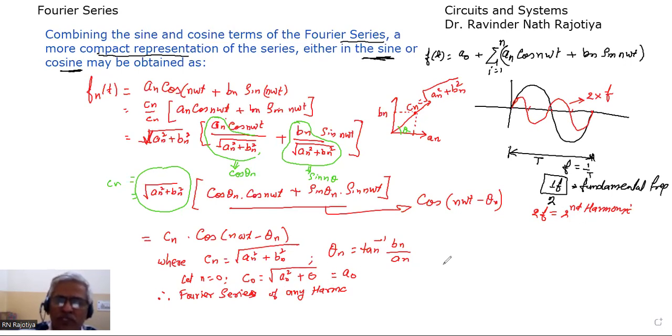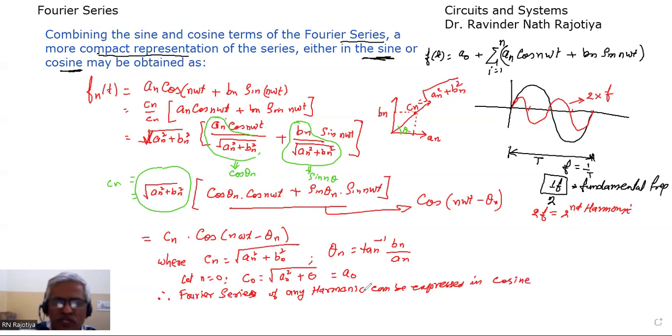the Fourier series of any harmonic can be expressed in cosine form or in the sine form.